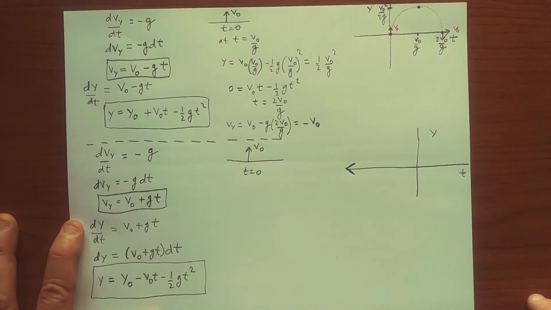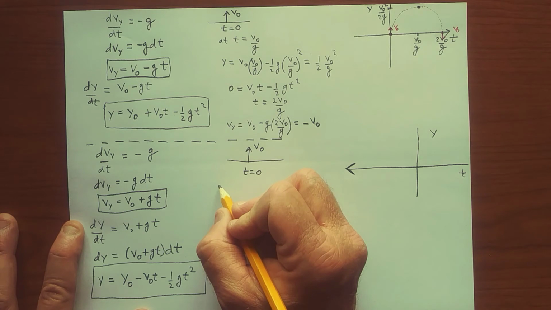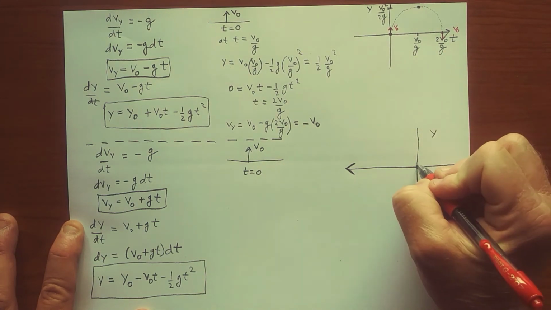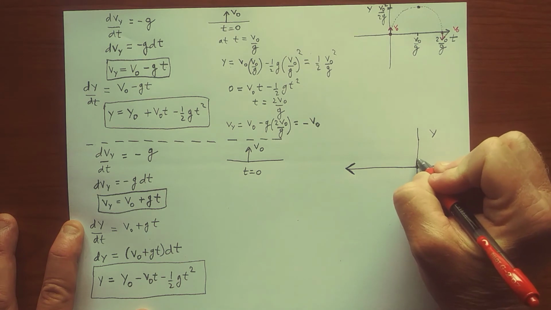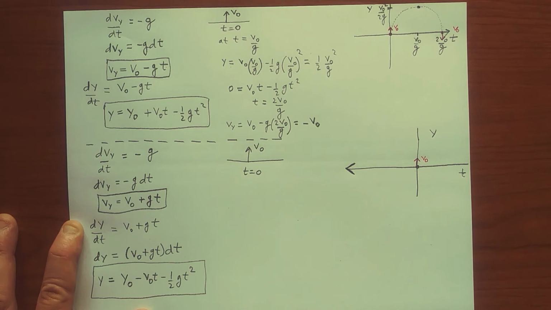So let's see, we want when the object reaches its maximum height. We know that at t equals 0, here it is. It's being launched upward at a speed v naught, same as the previous.